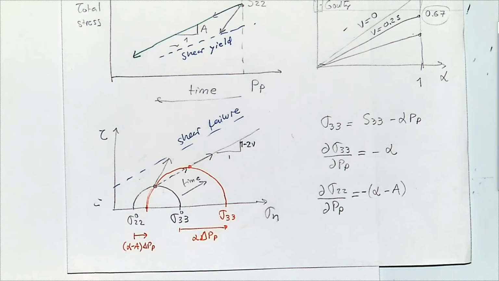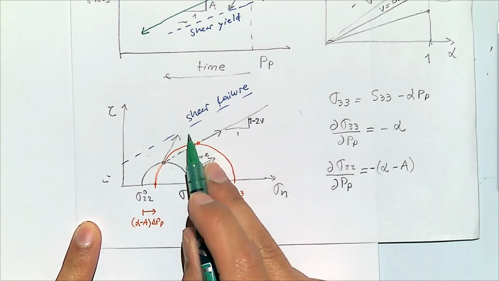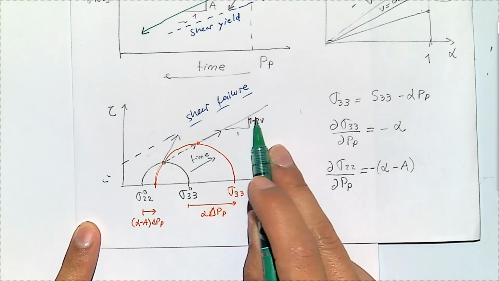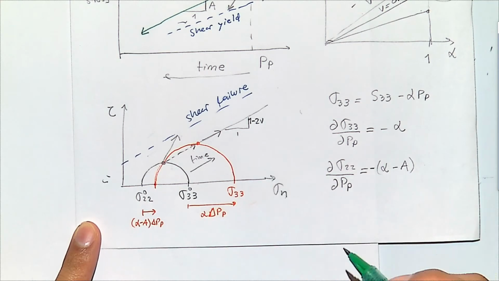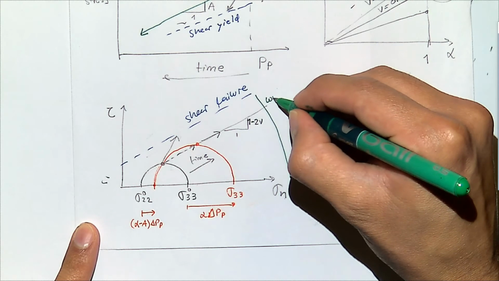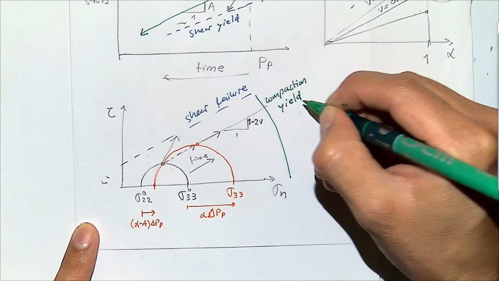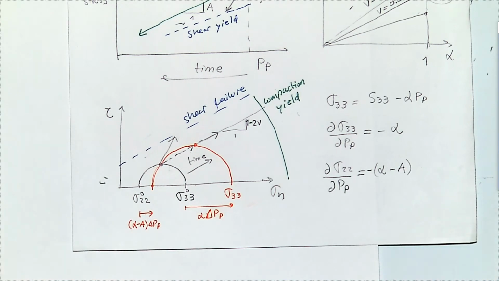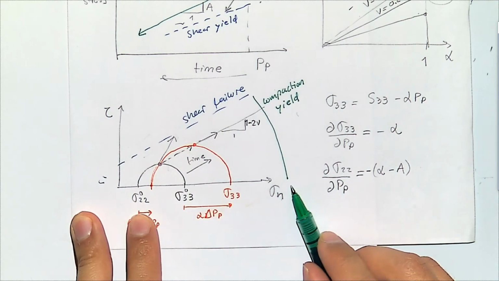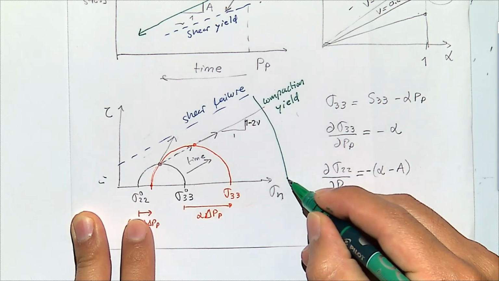Yeah. So if you go too steep in this line, you hit the shear failure. If you go too long on this line without hitting shear failure, you can get to another limit over here, something which is called the compaction yield limit. And we'll talk a little bit more about that later on. But for example, for the plastic cap, if we increase too much just the normal stress without any shear, we get to this point.